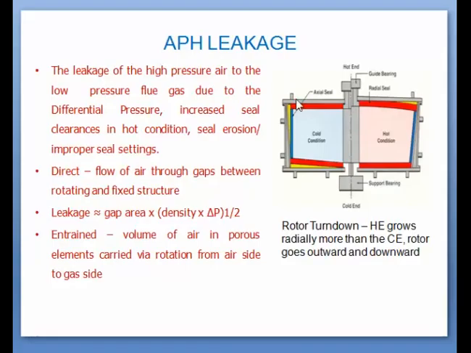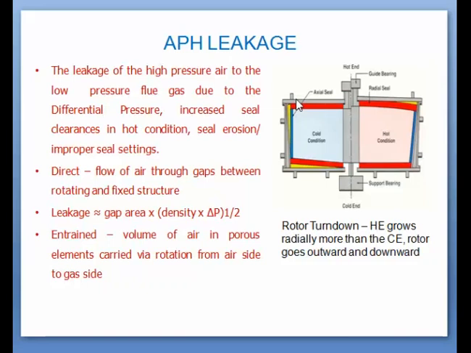So after learning about the air preheater, its functioning, its constructional details, and different types of seal that are used there, now one of the more important areas, or the more critical area, is air preheater leakages.